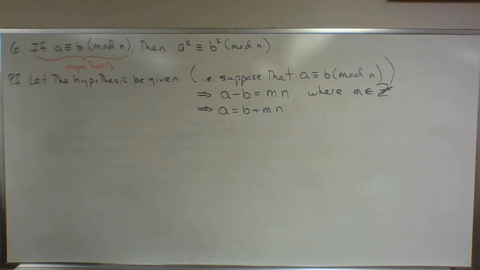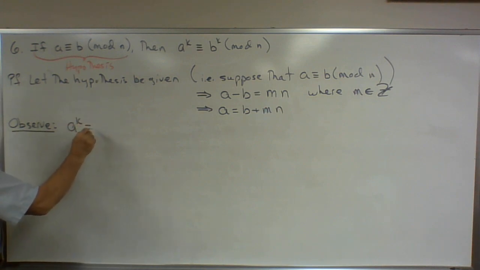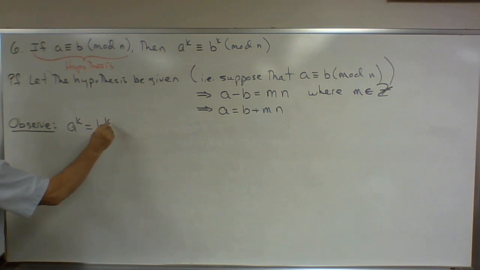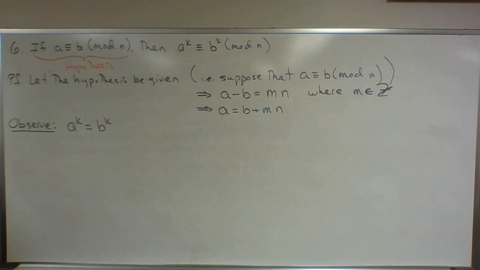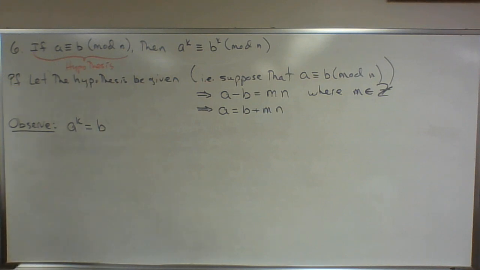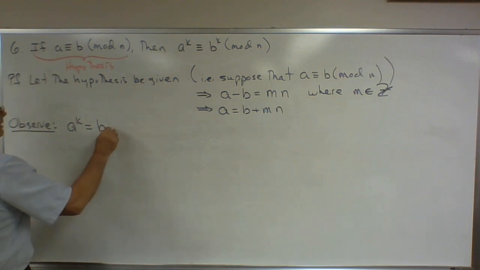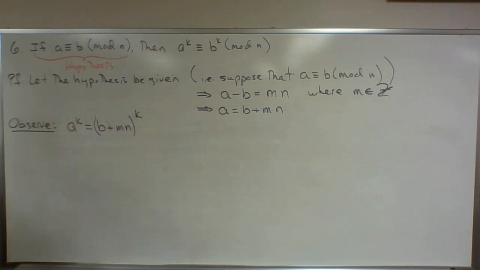Okay. A to the k is equal to B to the k. I'm sorry, that's what I'm trying to show. But A is equal to B plus mn. So A to the k is equal to B plus mn to the k. And this is where the binomial theorem comes in.